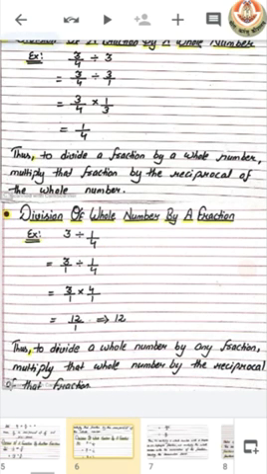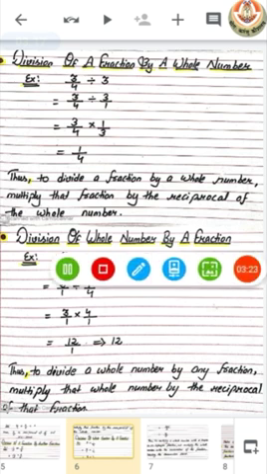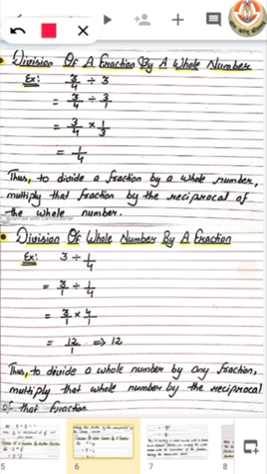Now, how can we divide a fraction by a whole number? For this, we just have to convert the whole number into a fraction by putting 1 in its denominator. Now it becomes the same as the division between two fractions.